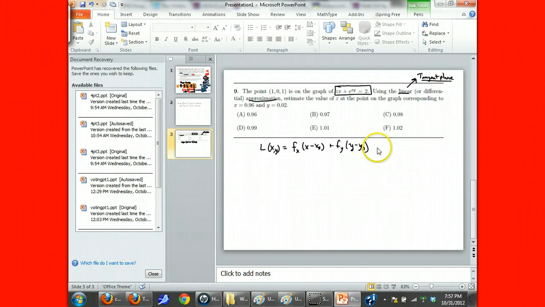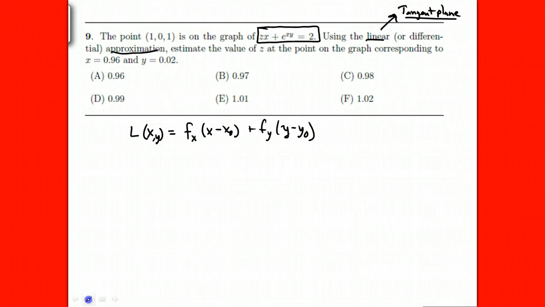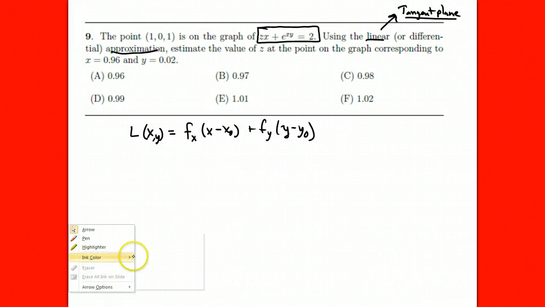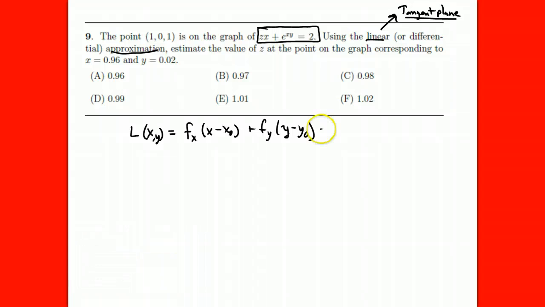The problem with this one is that z is mixed in with the x, y. It's not z equals some f of x, y. We don't have that.